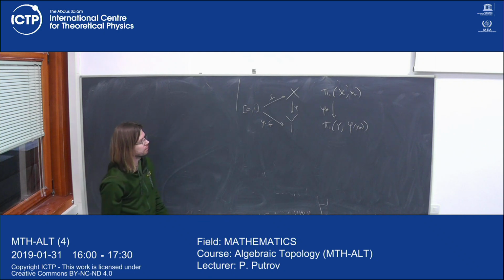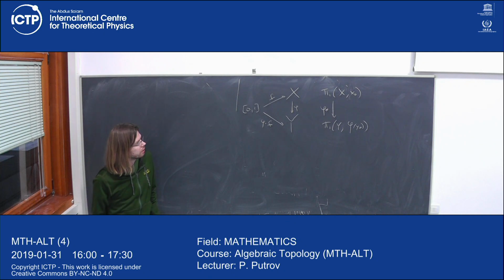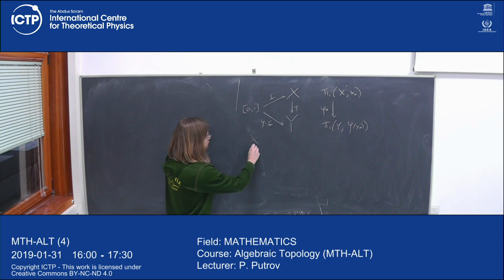We have a function from this collection of maps from Y to some other space to maps from X to this same space by composing with phi. Is that the pullback? Yes, given a function from X to Y, we induce a function from maps from Y to some other space Z to the collection of functions from X to this other space.